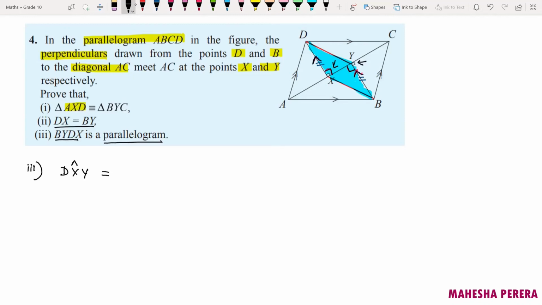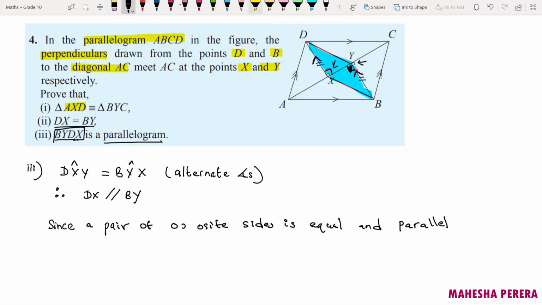Equals this angle, right? It is actually BYX, right? And these are alternate angles. So therefore, DX is parallel to BY.